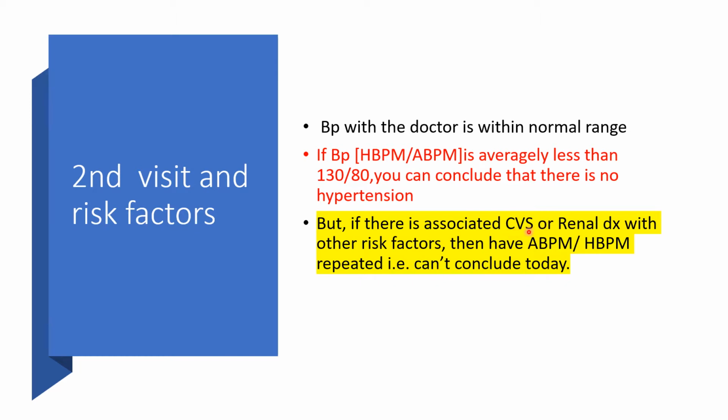If risk factors are present, you cannot tell the patient today you are not hypertensive. The next thing to tell the patient is we will repeat these two, home BP and ambulatory. And then you come back and add the office also, because we cannot be comfortable with these risk factors to just rule hypertension out that way.